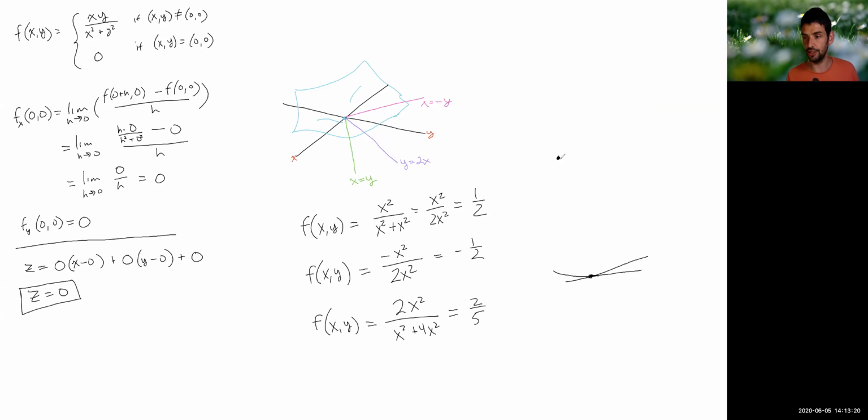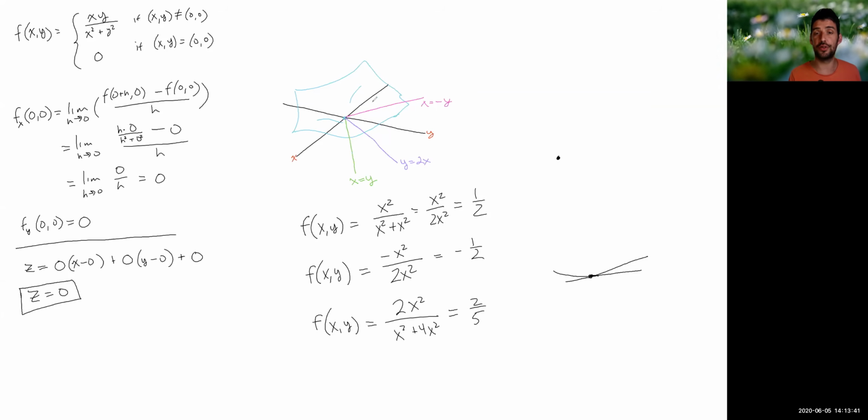But in this function, if I move off this point, any tiny increment, I immediately jump from 0. I guess that's not true in the directions along the axes. Along each of the axes, you stay at 0 because the numerator is always 0.